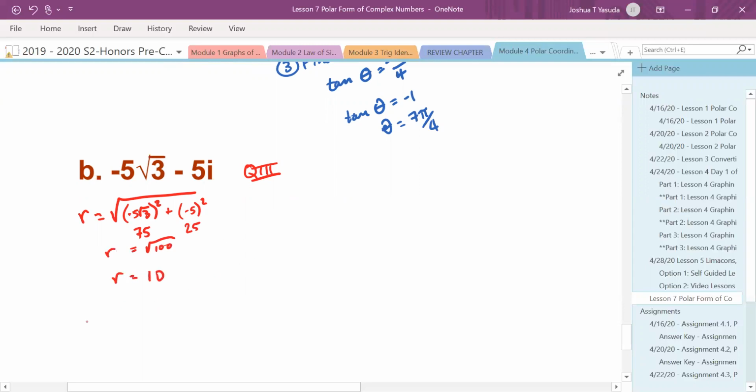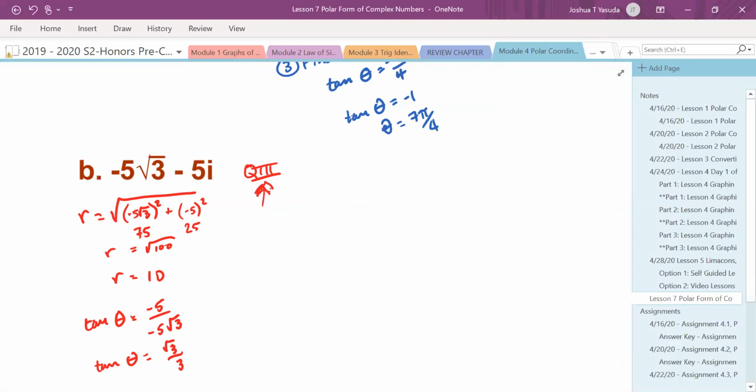All right. And then we need the angle. So tangent of theta equals negative 5 over negative 5 rad 3, which is rad 3 over 3 then. So like I said, I'm not going to do the inverse because I know I need the angle to be in quadrant 3. So I'm just going to pick an angle that makes that true, like an equation.